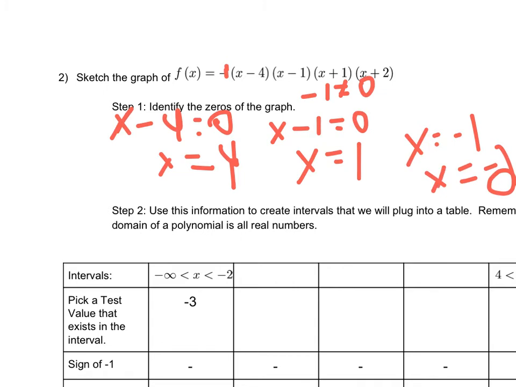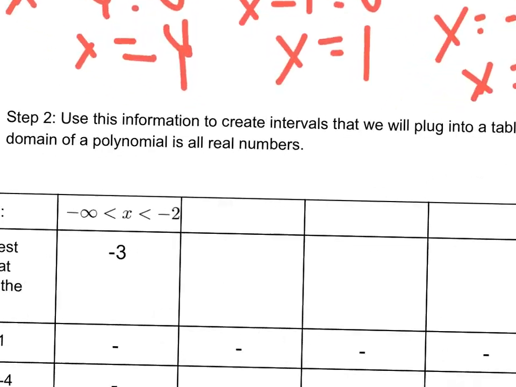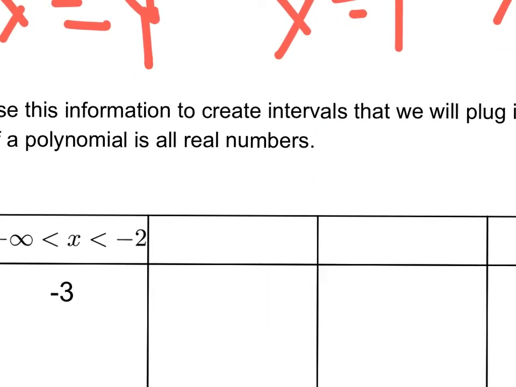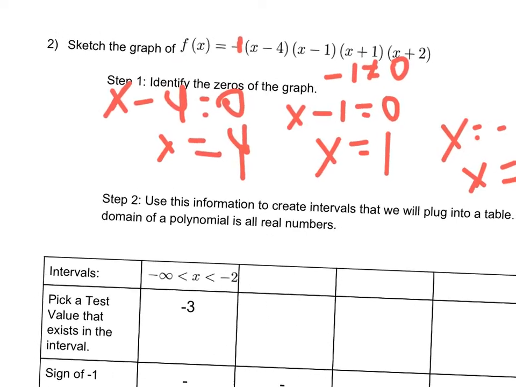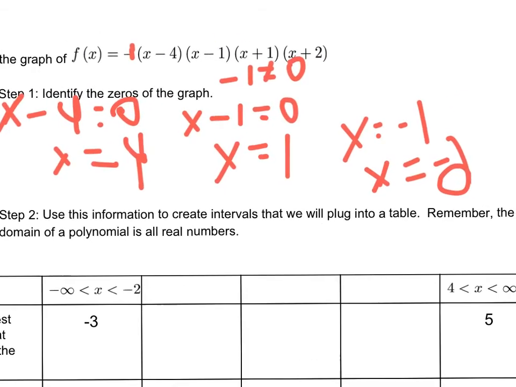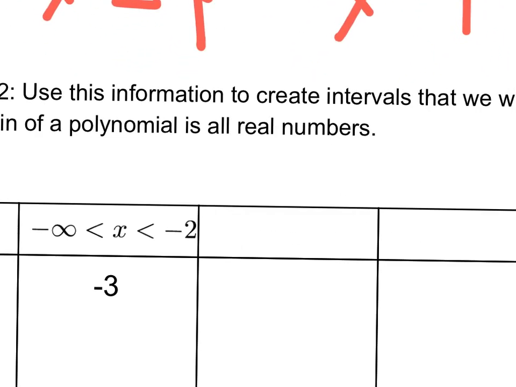So again, I don't expect you to necessarily be showing all your steps because that was a skill you learned in Algebra 1. So now I've got to make my intervals on my table. My smallest intercept was negative 2. My next smallest intercept is negative 1. So I'm going to go from negative 2, less than x, less than negative 1.